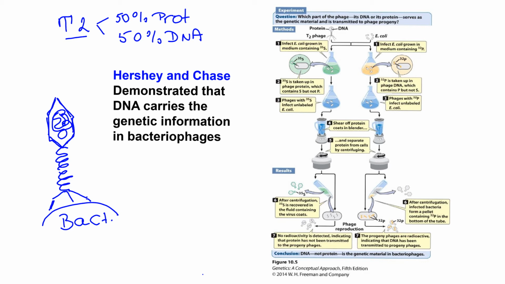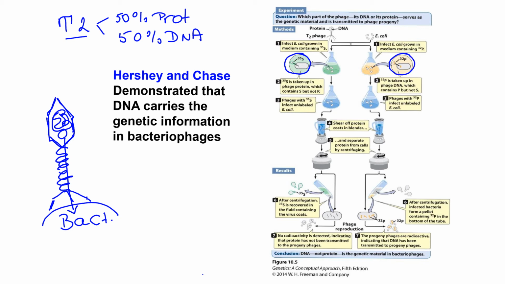However, it was not known at the time. So what Hershey and Chase did, they labeled bacteriophages with either S35 radioactive sulfur or P32 radioactive phosphorus. We know that P32 will label DNA and S35 will label proteins.